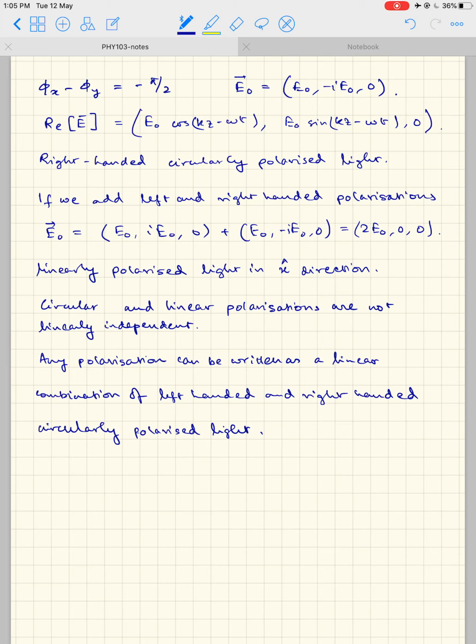So finally, to complete the discussion on polarization, we can also look at varying magnitudes of different components of the phase.